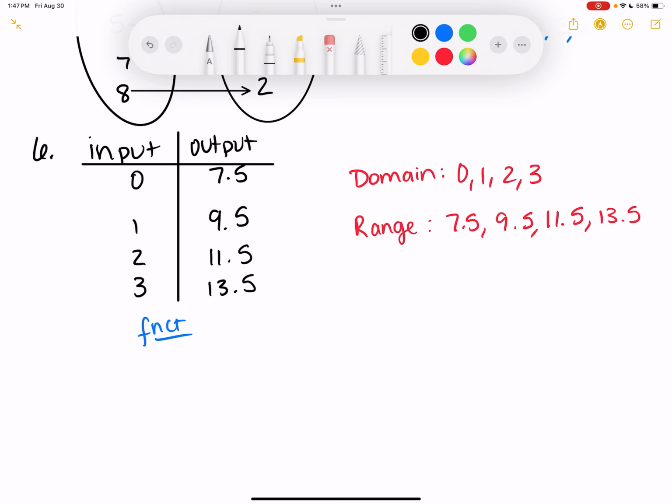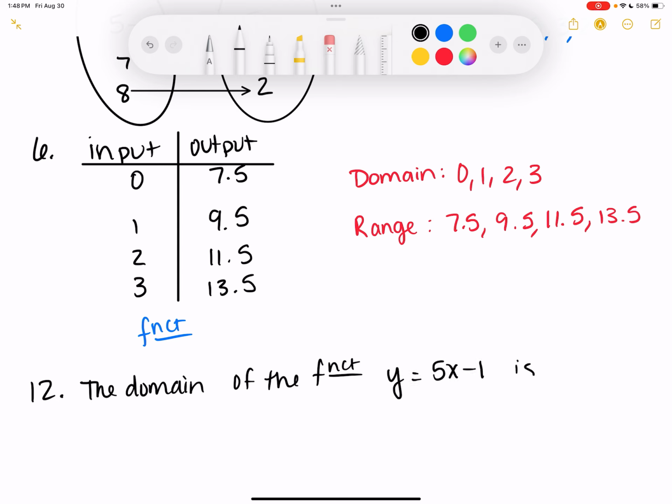All right, this next one's a multiple choice question. It says the domain of the function y equals 5x minus 1 is 1, 3, 4, 5, and 6.